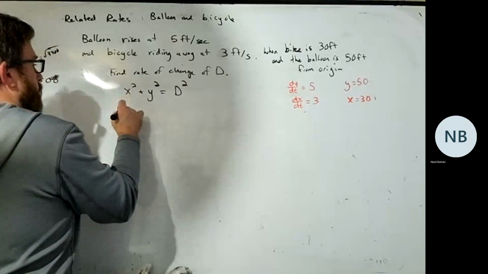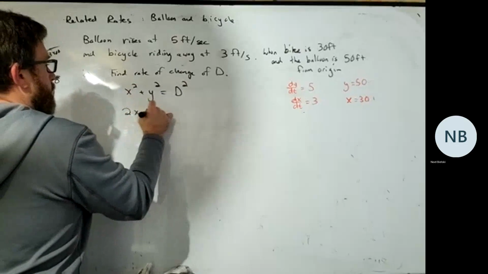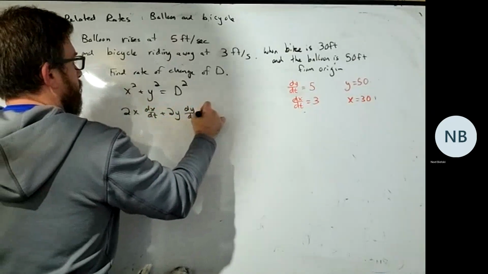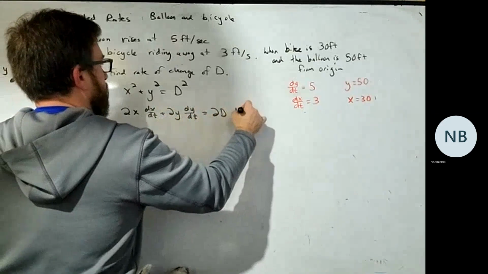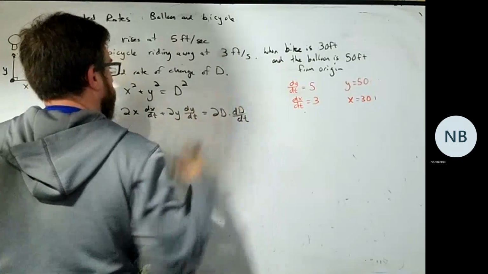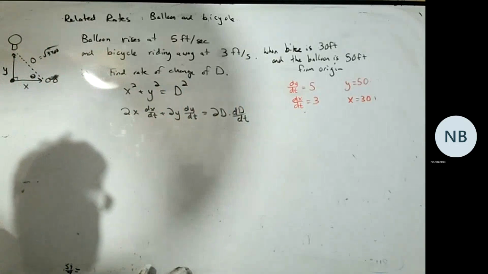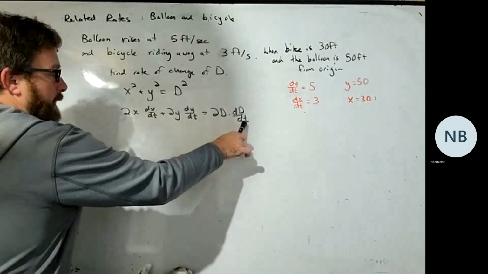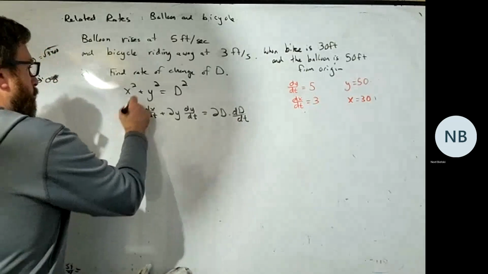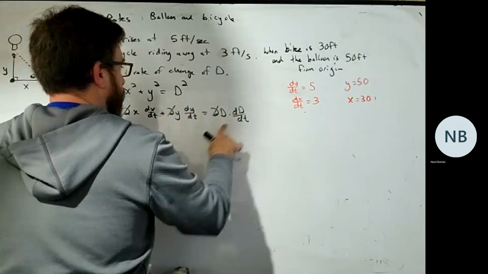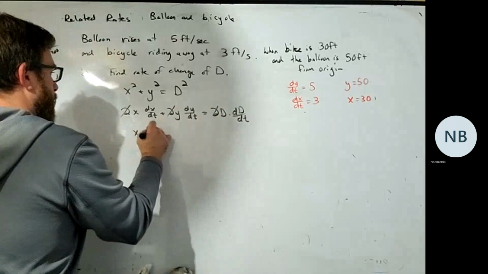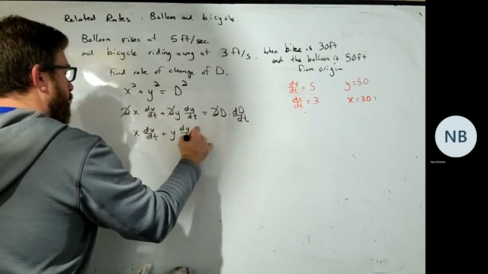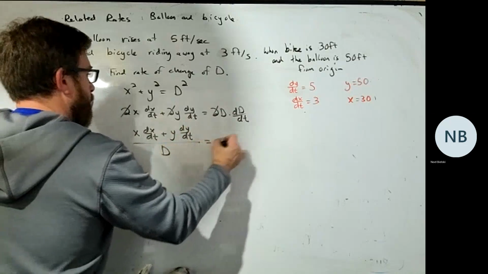So the derivative of this is going to be 2x dx dt plus 2y dy dt is going to be equal to 2d dt, and the 2's will cancel. What's nice is I really want to find d dt, so dividing everything by d, this is going to be x dx dt plus y dy dt all over d is going to be equal to d dt.